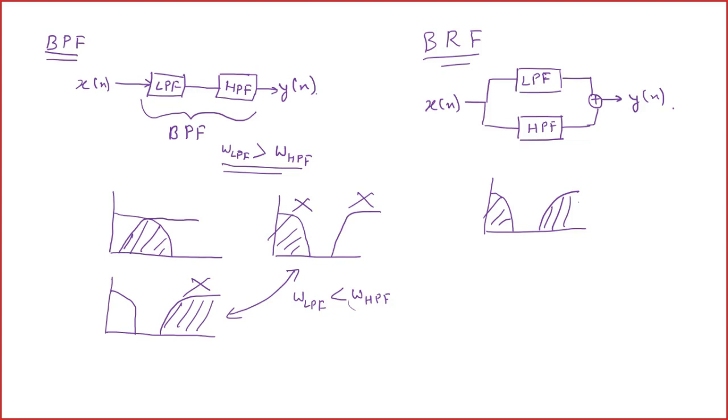Otherwise, if you increase the cutoff of this low pass filter, you bring it to the higher side and bring the cutoff of this high pass filter towards that frequency, and then you can design it that way. But I personally prefer you design whatever filter you want to design and then just put a zero over there.